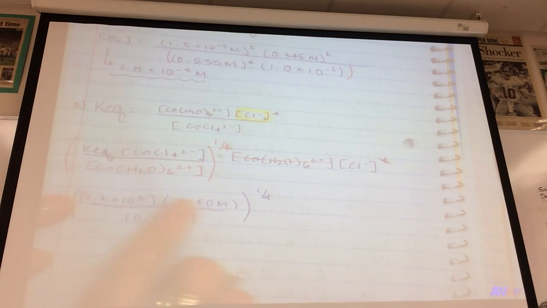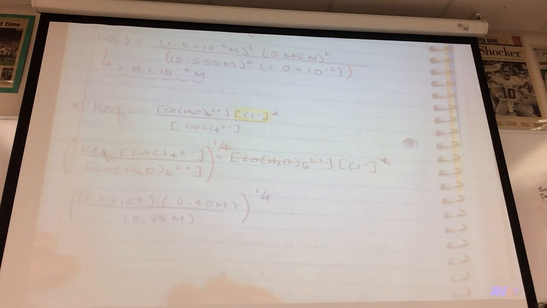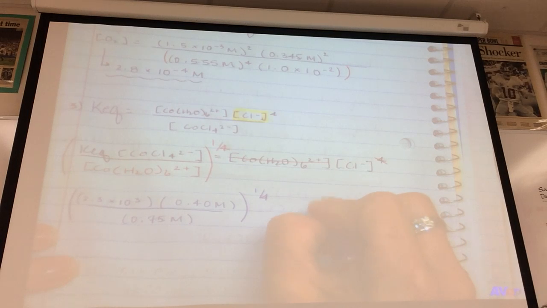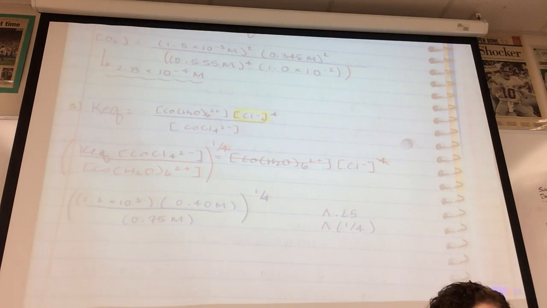So you're going to multiply, divide, and in the calculator, when you do to the 1/4 power, you either do this or this, and some of you have different calculators, so if you're not sure, we can take a look at it together.